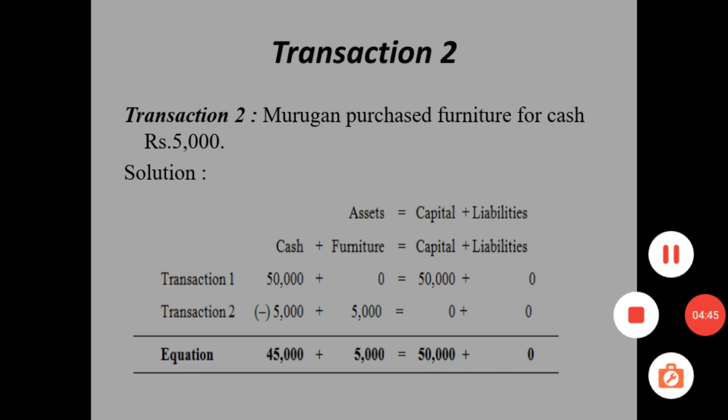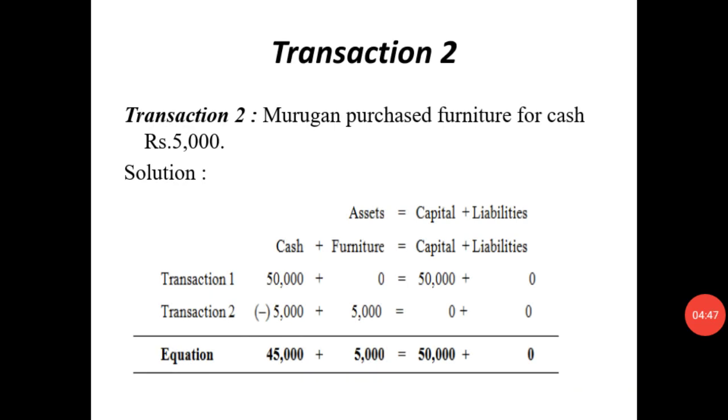The transaction decreases one asset and at the same time increases another asset by the same amount, leaving the total of the assets unchanged. Cash will be reduced by 5,000, furniture will increase by 5,000. So at the end the balance will be the same, 50,000 on the asset side and 50,000 on the liability side.